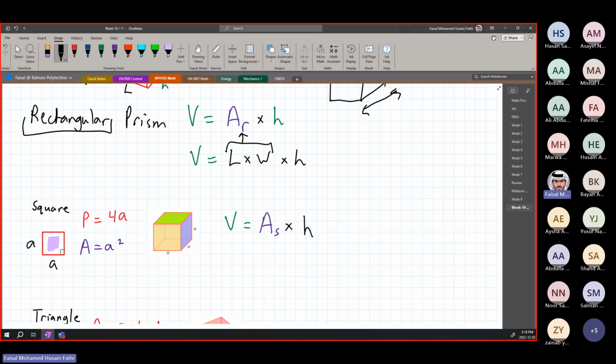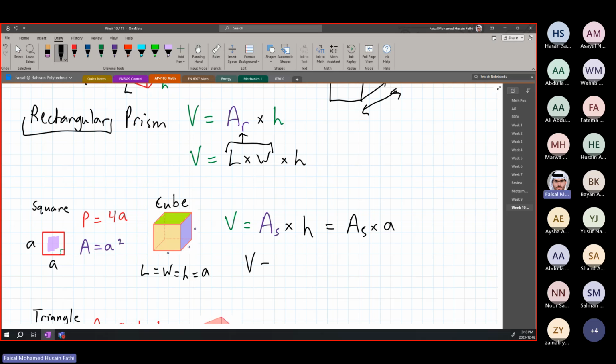But in this case, because this is a square prism and not a rectangular prism, for a square or a cube specifically, this is what we would call a cube, the length is equal to the width, which is equal to the height, which is all equal to A. We're naming them as A. So we can rewrite this as the area of a square times A.